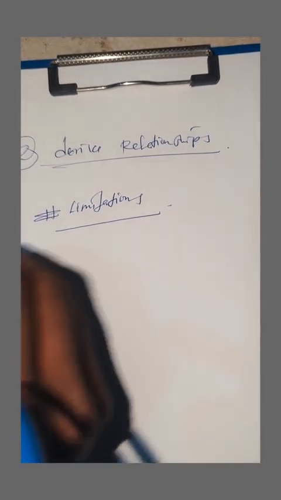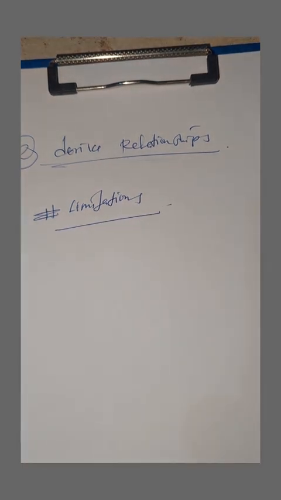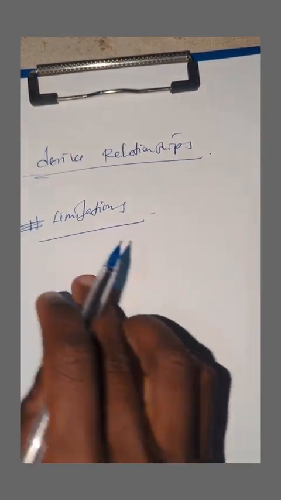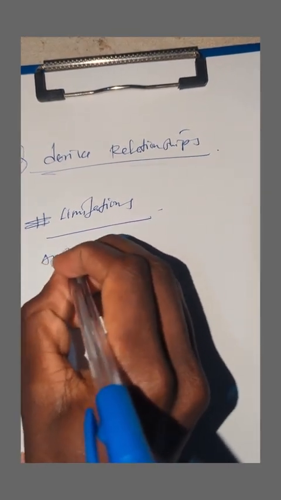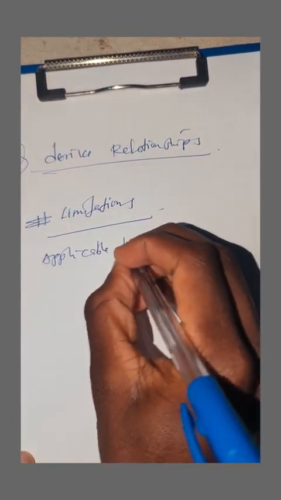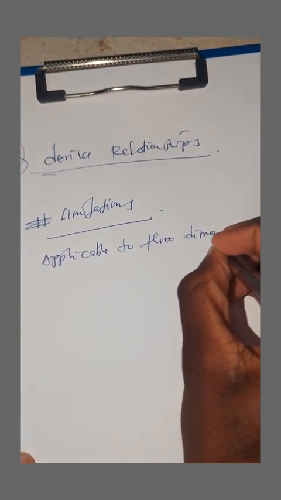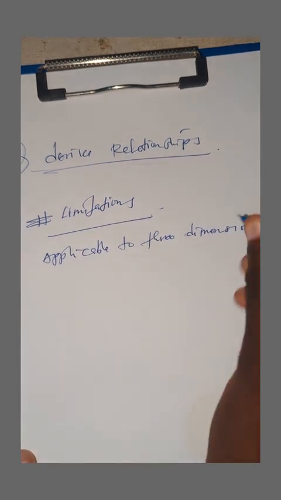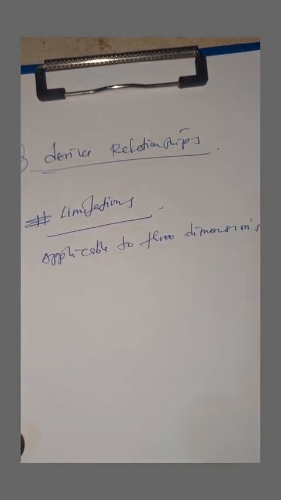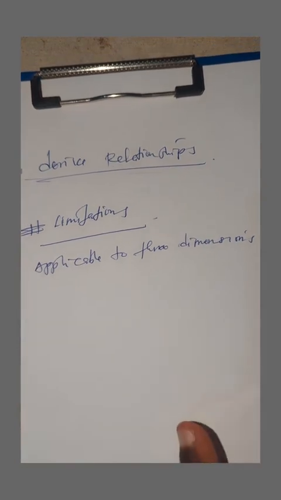One of the limitations of dimensional analysis is that it is only applicable to three dimensions. What are these dimensions? I mentioned them in the definition.